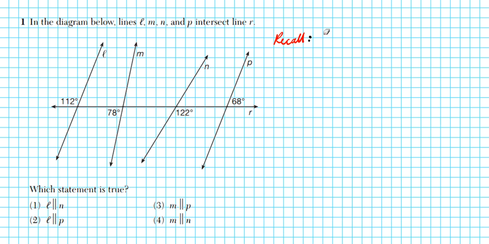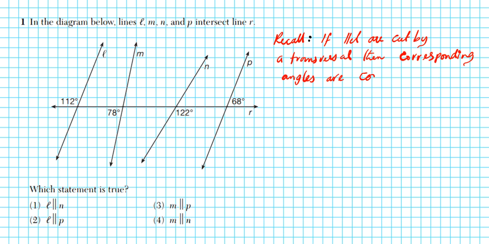So if parallel lines are cut by a transversal, then corresponding angles are congruent.